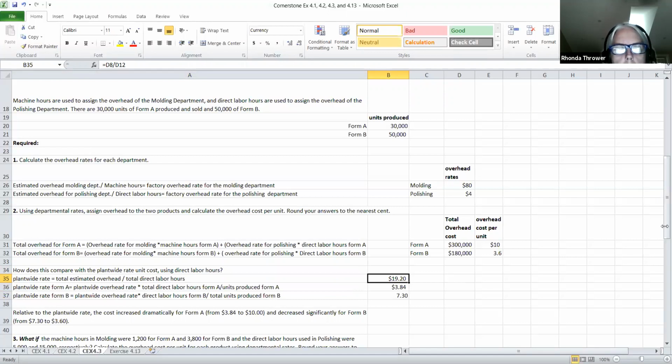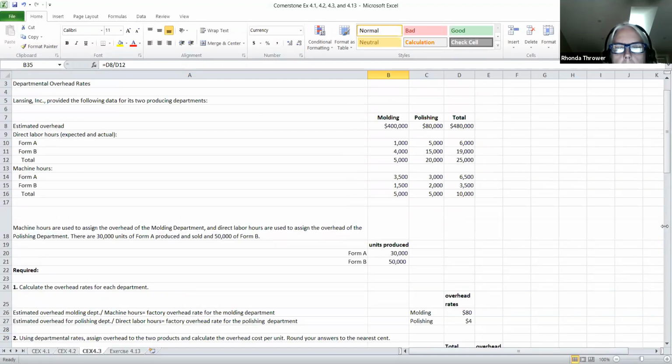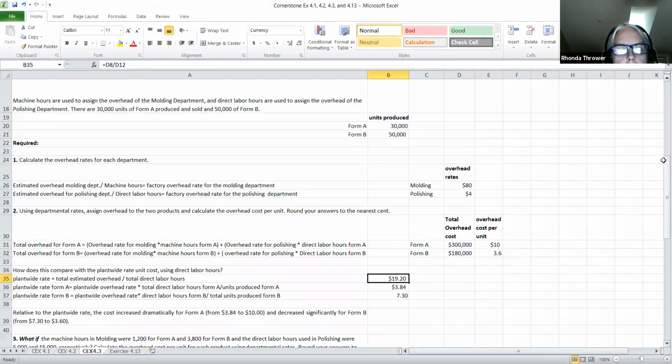The total estimated overhead is 480,000. It comes from cell address D8. And we're going to divide this by the total direct labor hours, because it says that we're using direct labor hours here. That's what they want us to calculate. So the plant-wide rate is $19.20.